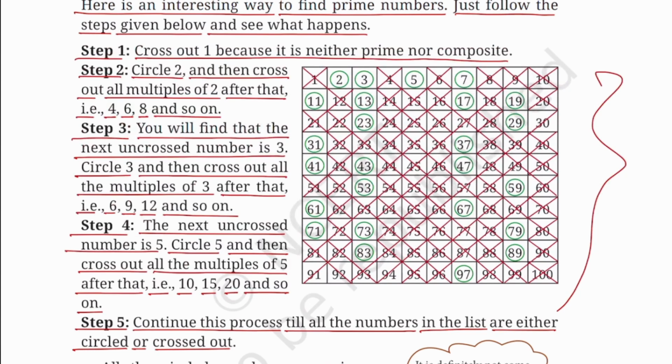You can see primes 2, 3, 5, 7, 11, 13, 17, 19, 23, 29, 31, 37, 41, 43, 47, 53, 59, 61, 67, 71, 73, 79, 83, 89 and 97.